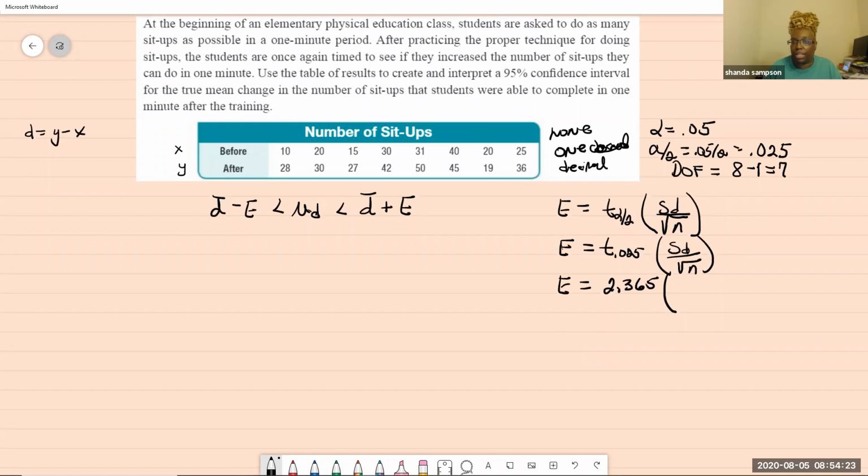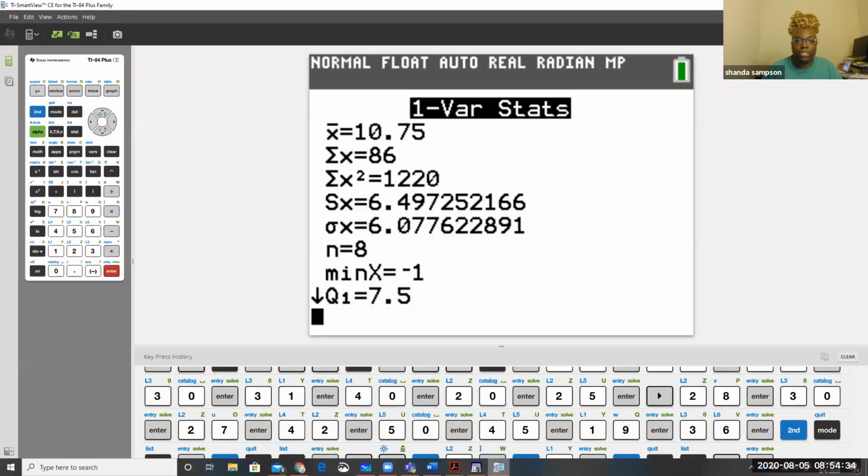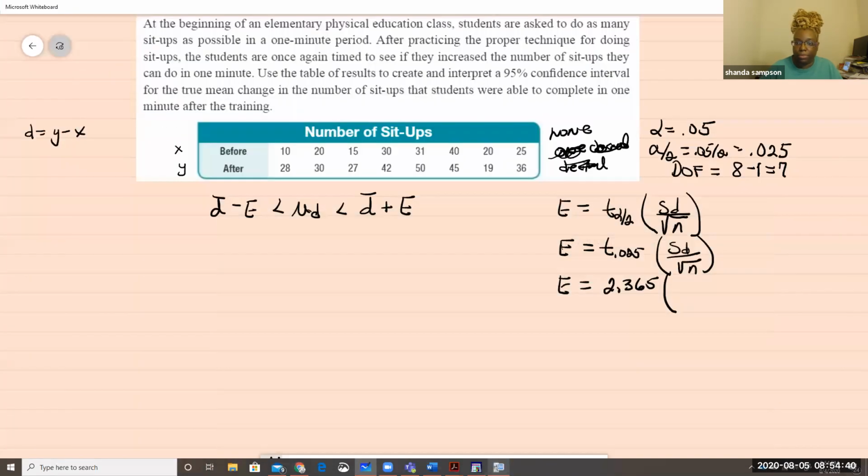So we need to have 1 decimal place for our standard deviation. So let's just check it out here on the calculator. So our standard deviation should be 6.5 when you write it down, 6.5, okay? So 6.5 over the square root of 8.